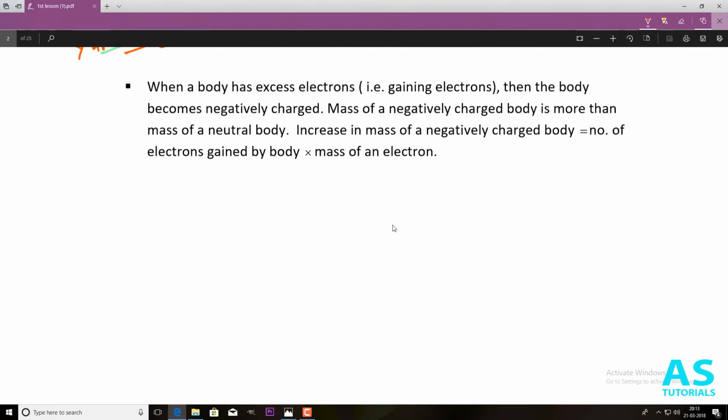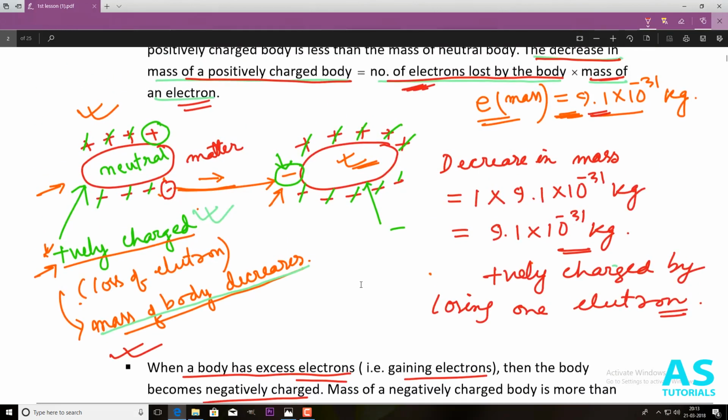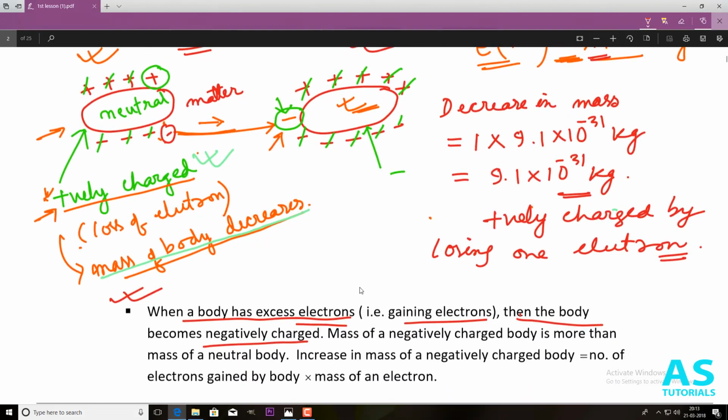It says that when a body has excess electrons, that is, gaining electrons, then the body becomes negatively charged. The explanation I have already made clear. When a body has excess electrons, such as this case, then the body becomes negatively charged here.